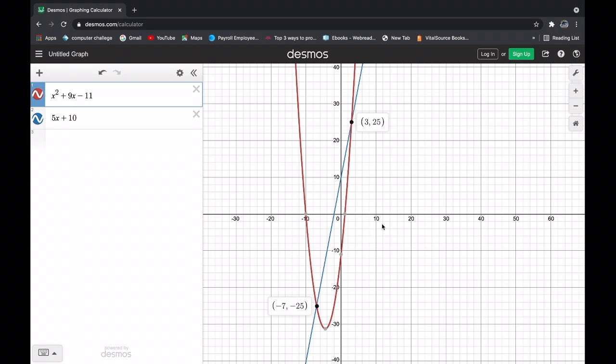And as you can see, the points at which the linear function intersects this quadratic function are (-7, -25) and (3, 25). So yeah, this is how you would solve a linear quadratic system of equations algebraically. Thanks for watching.